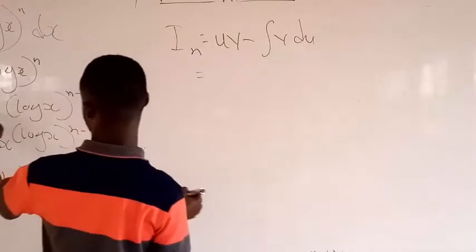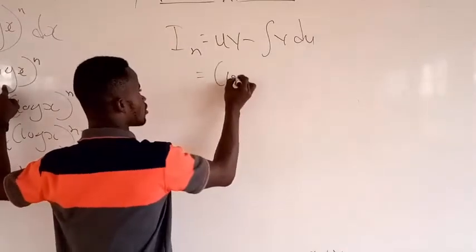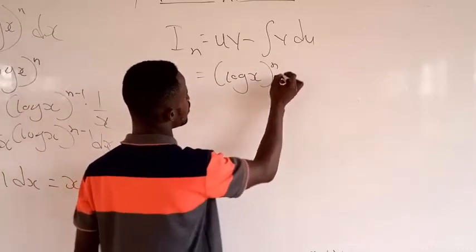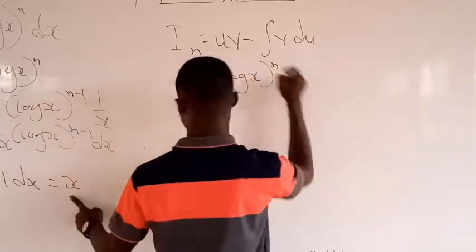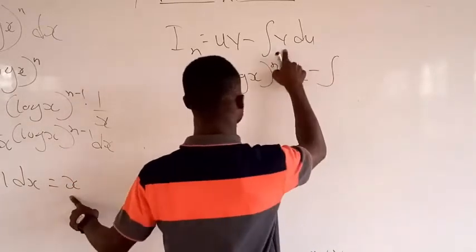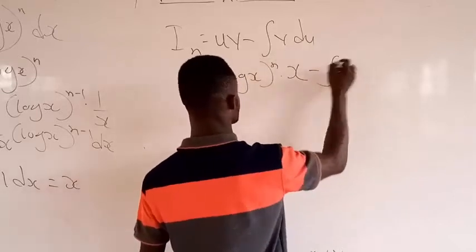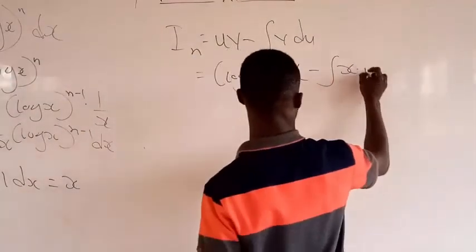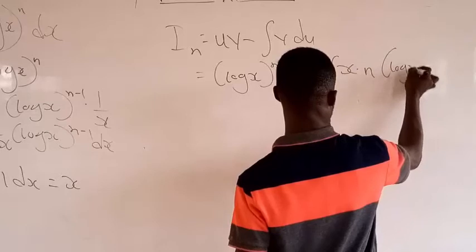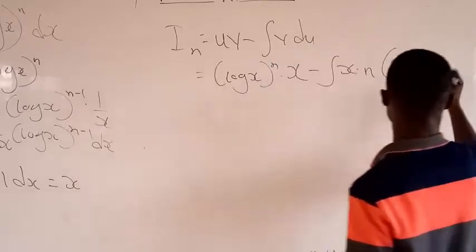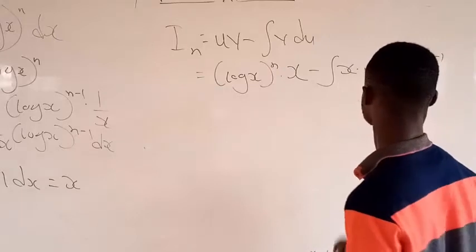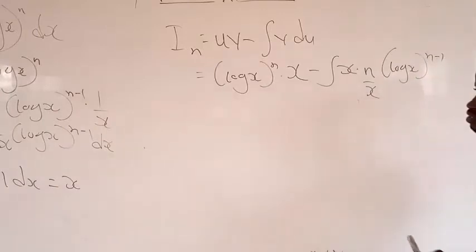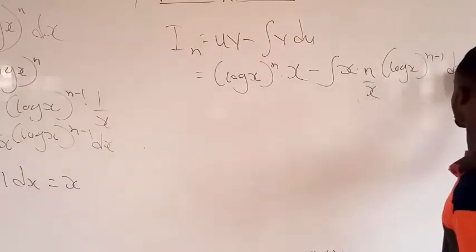So u is (log x) to the power n multiplying v, which is x, minus the integral of v, which is x, times du, which is n over x (log x) to the power n minus 1 dx.